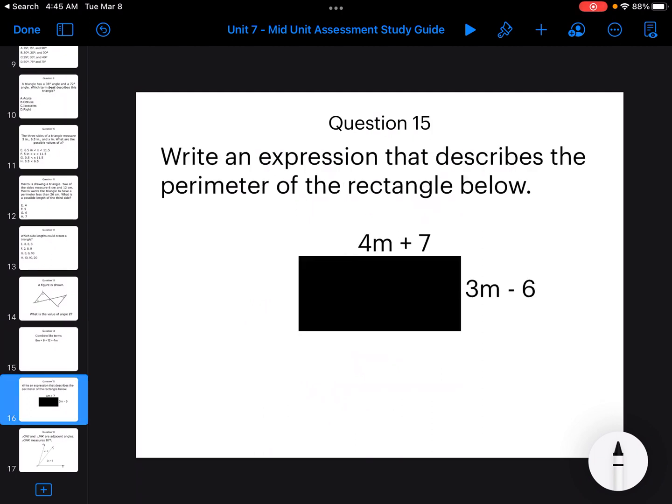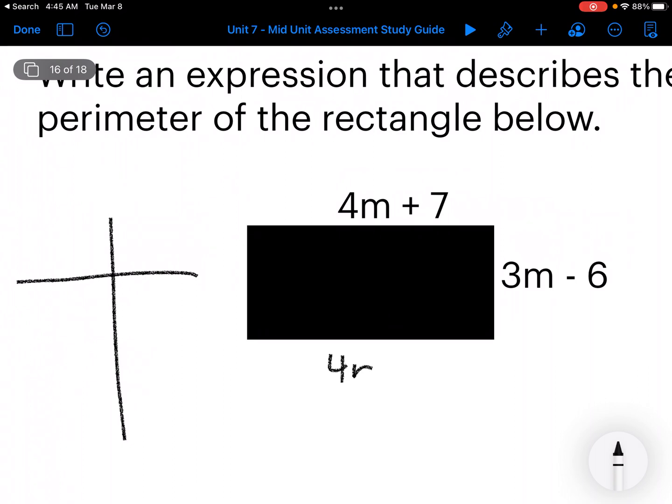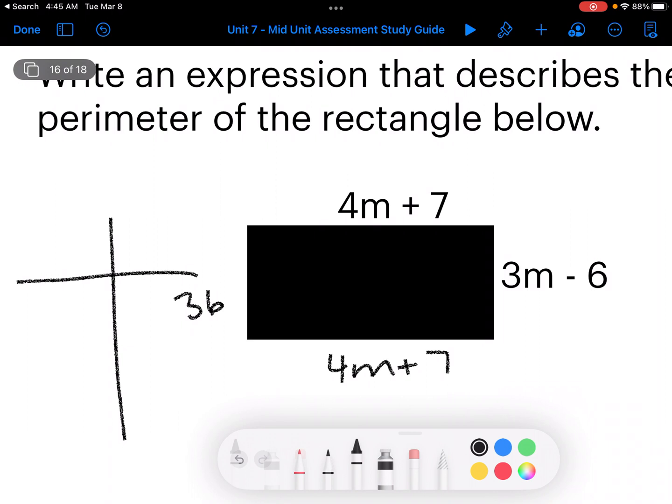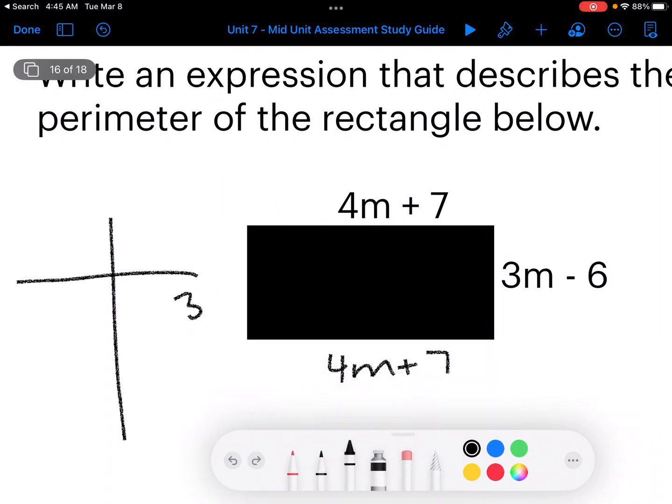For this one, they want us to write an expression that describes the perimeter. Well, I know that that would be all four sides. So that would be 4m plus 7 over here, and this would be 3m minus 6.